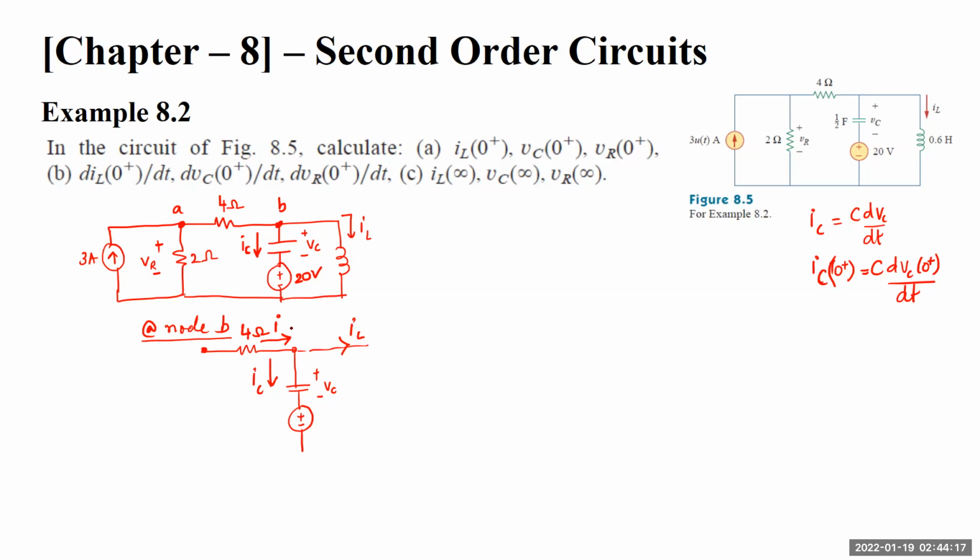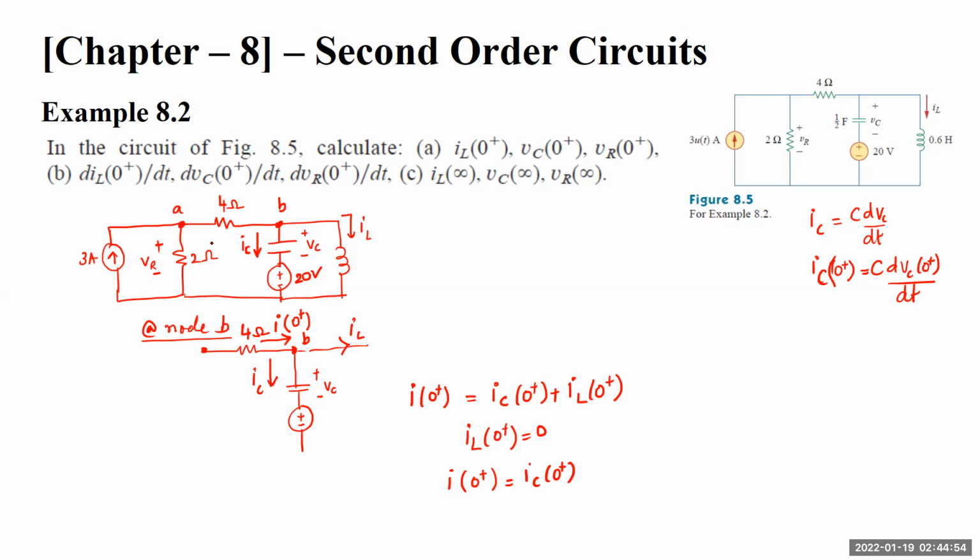This current I call I at 0 positive, and since this is entering at B, we can say that I0 positive, it is entering, is equal to IC 0 positive plus IL 0 positive. So remember, the IL 0 positive is equal to 0. So we can say that I0 positive is equal to IC 0 positive.